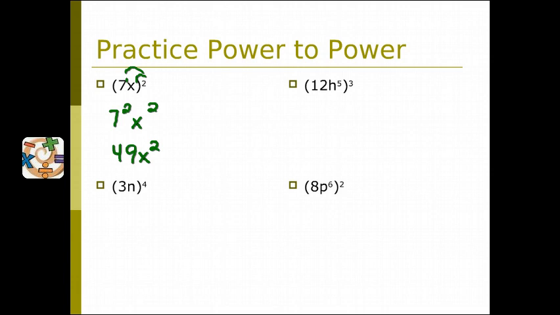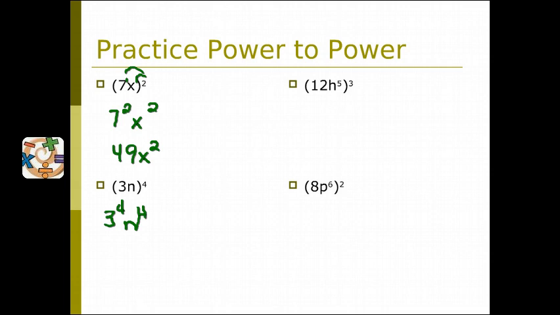Our next example, you have 3n all to the fourth power. We need to actually do the distributing there, so we get 3 to the fourth power, and then n to the fourth power.